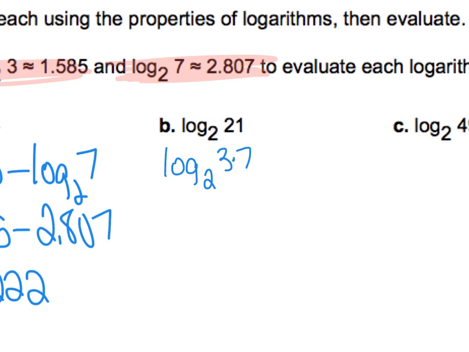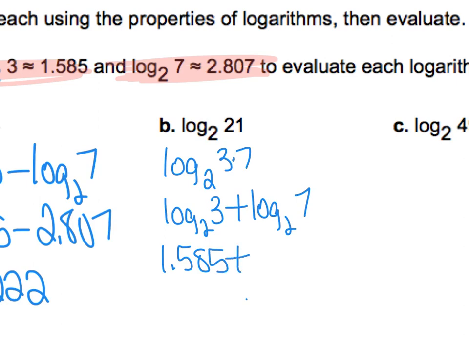Well, if we have log base 2 of 3 times 7, that means we would have log base 2 of 3 plus log base 2 of 7. Which means if we put in the numbers they gave us, 1.585 plus 2.807, which would be 4.392.